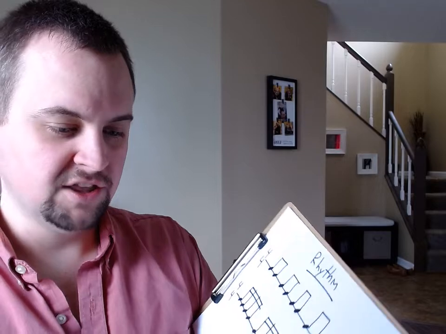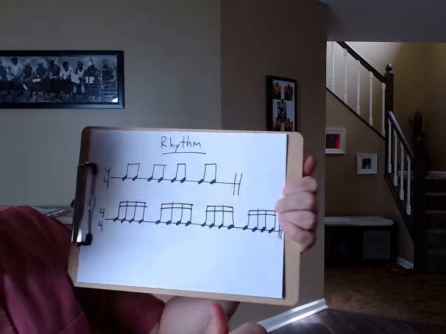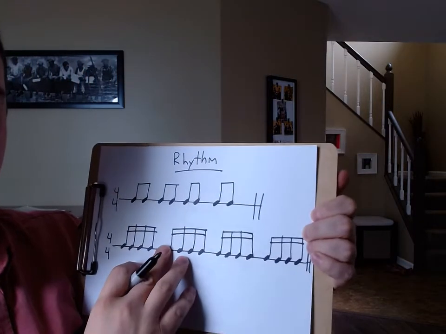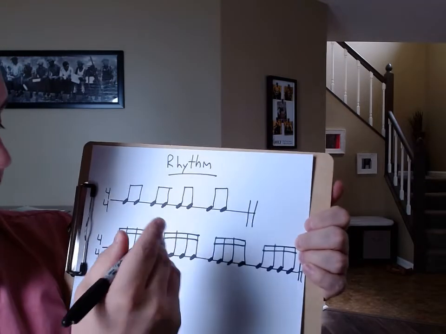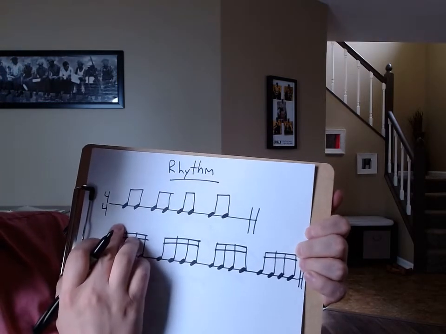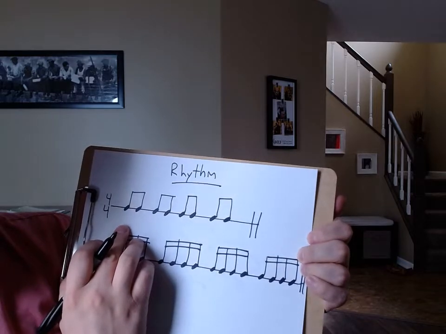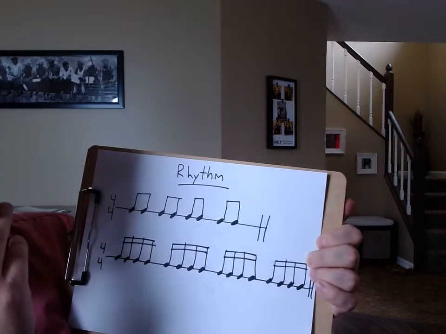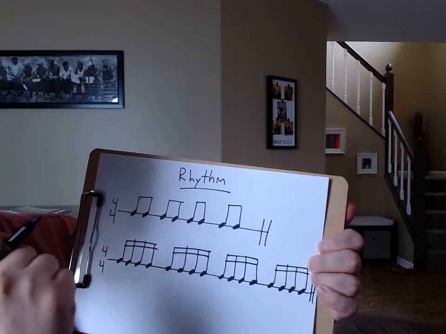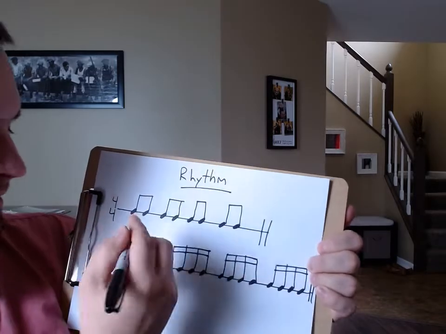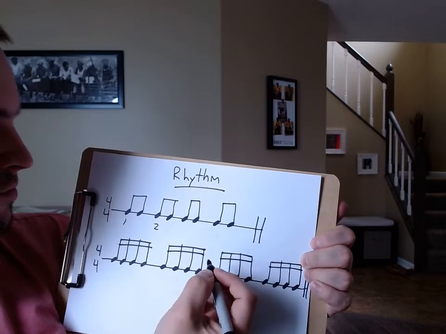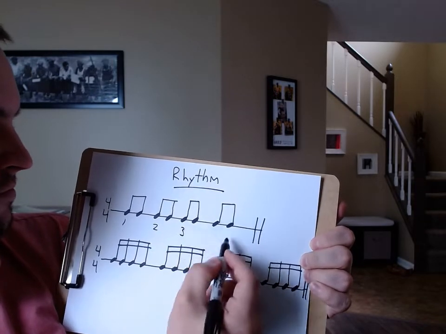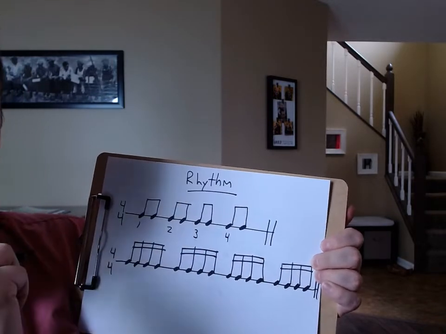The first eighth note in this example of each pair is the downbeat, is the number, right? So the first note of each eighth note pair is the beat. So this would be 1, this is 2, this is 3, and this is 4.